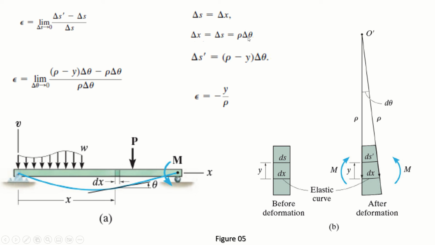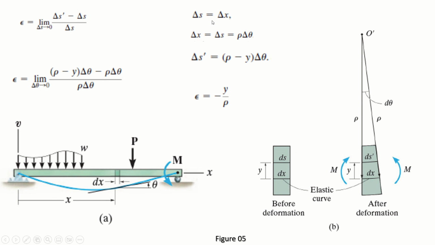So rho into d theta is your length of the curve, which is ds or dx. Now what is ds dash? So ds dash is also making the same angle, but its distance is different. What is its distance? Its distance is this rho minus y. So rho minus y into d theta.